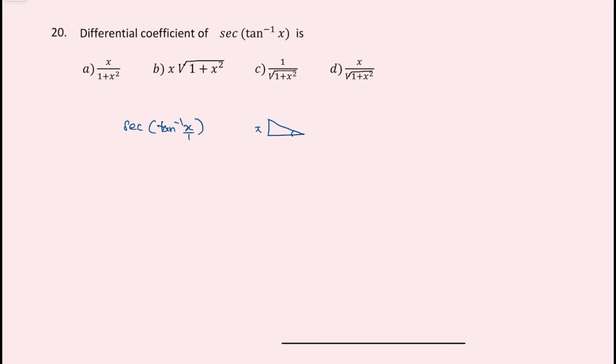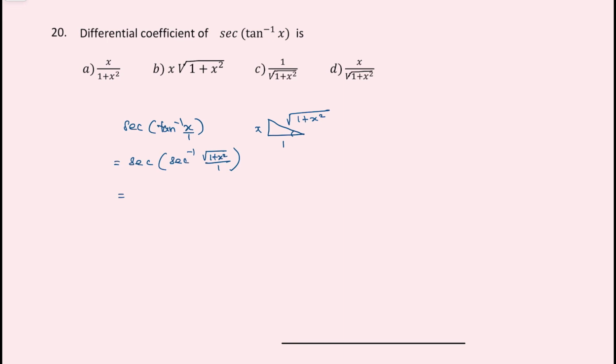Tan is opposite by adjacent, so we can get the hypotenuse. Secant tan inverse of x is secant inverse of hypotenuse divided by the adjacent side. Now secant and secant inverse could be cancelled.